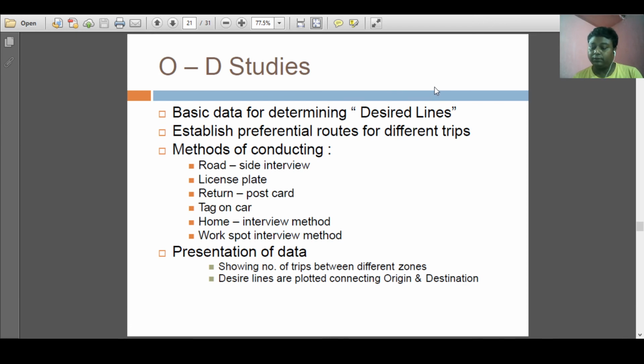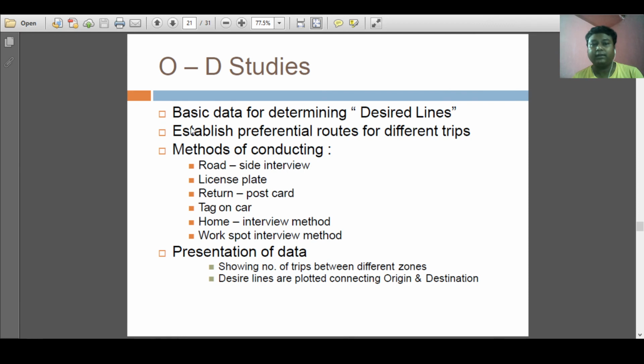But for the first trip of the day, your office is the destination point. For the second trip of your day, the office is your origin point, and your destination will be some shopping complex or some supermarket. So based on the number of trips and the purpose of the trip, your origin and destination points will be different.